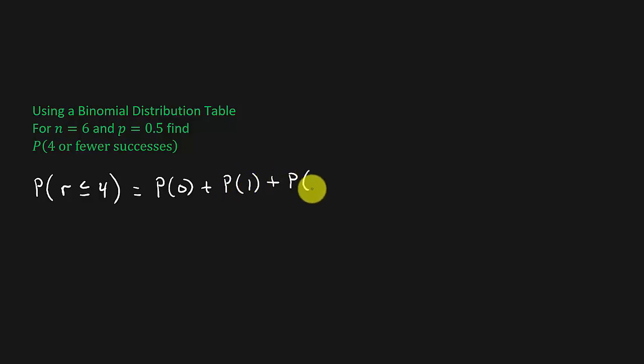But the probability for 4 or fewer successes. So the probability of 4 or fewer successes is the probability that R is less than or equal to 4. Okay, 4 or fewer successes. So that means we could have 0 successes, or we can have 1 success, or we can have 2 successes, or we can have 3 successes, or we can have 4 successes.